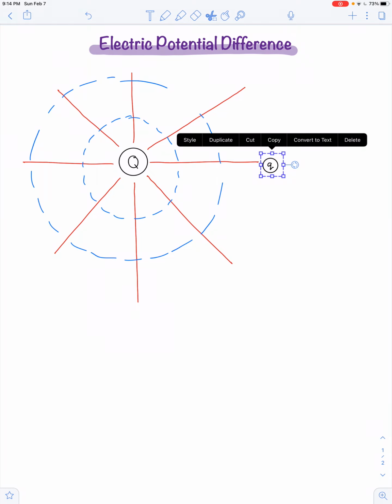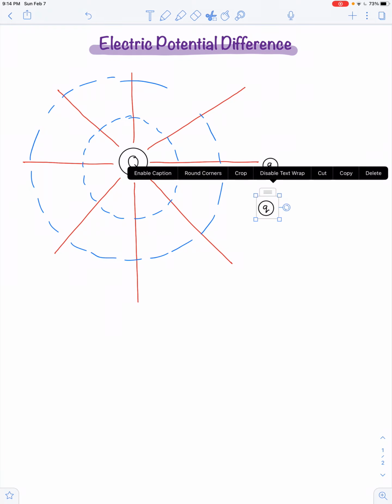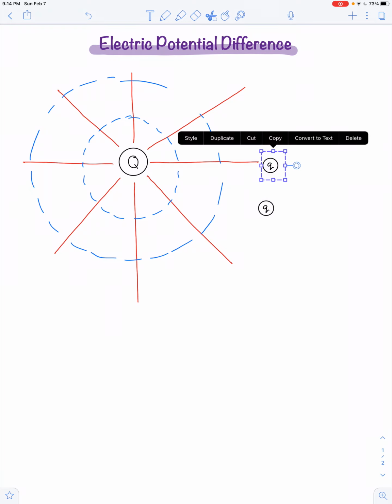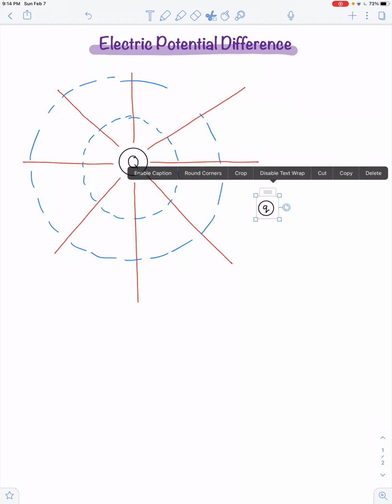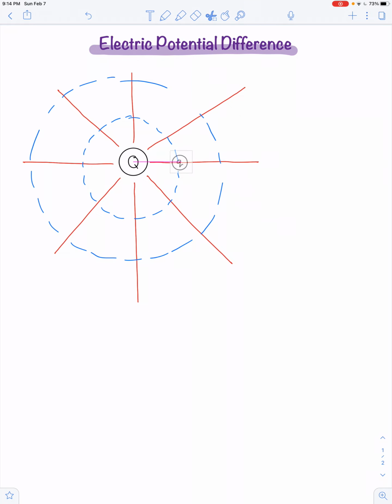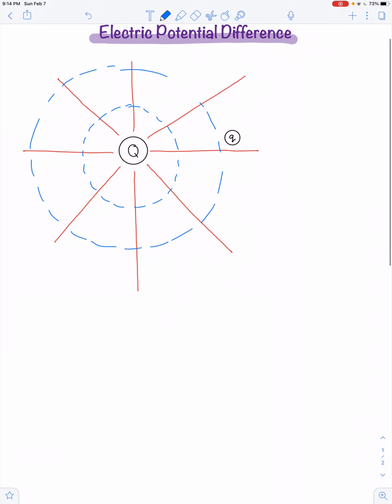Let's make it easy to move this. Okay, so let's say that lowercase q was sitting at the high electric potential and then moved to the lower electric potential. So as you saw in the previous video, then work would be done by the electric field.